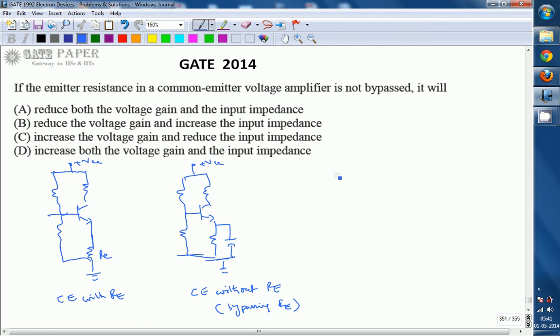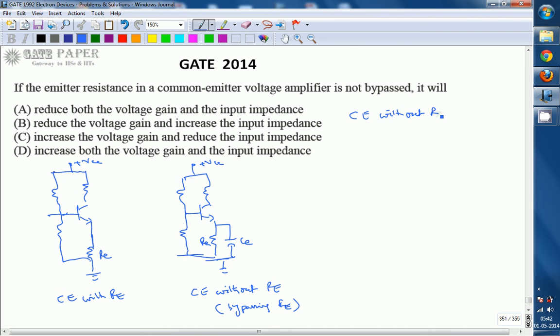Here RE is bypassed with CE. This capacitor CE acts as a short circuit for AC analysis, so that the effect of RE is ignored for AC analysis. That is why it is called RE is bypassed for AC operation. Whereas there is no capacitor across RE in the first diagram, so it is not bypassed, and the effect of RE is there.